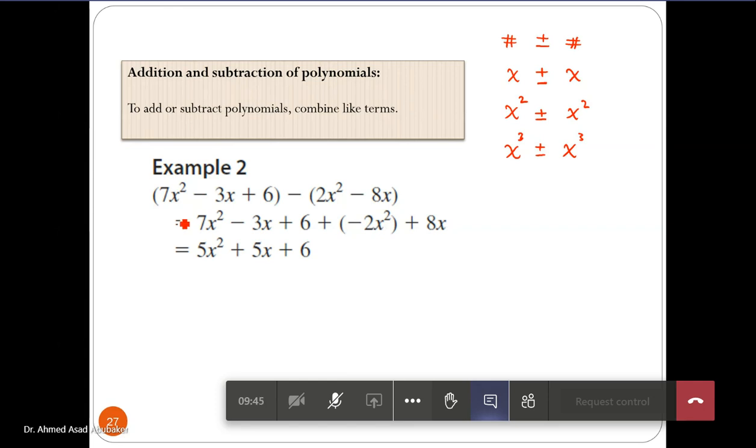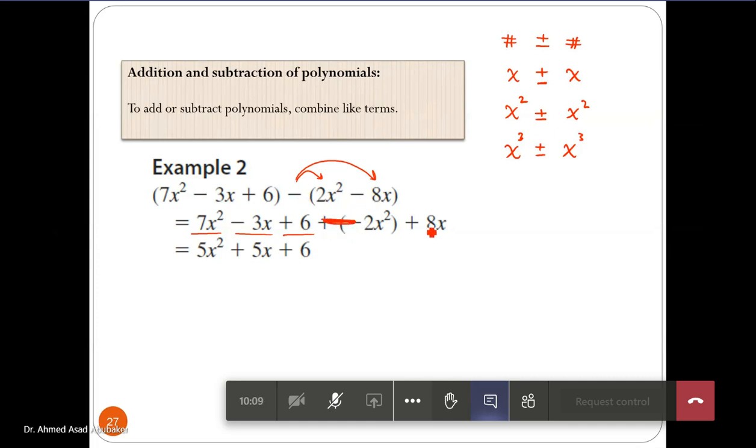Notice here we put 7x square negative plus 6. We have a negative sign, so we must multiply each term in the brackets by negative. So positive with negative, we have negative here.